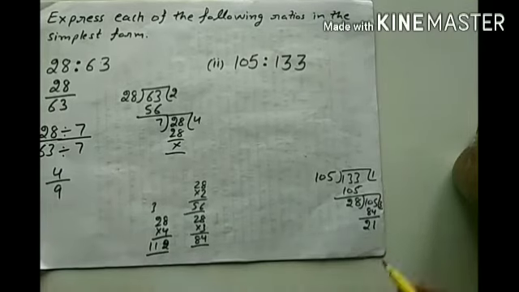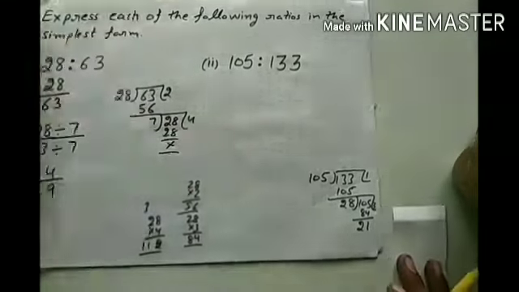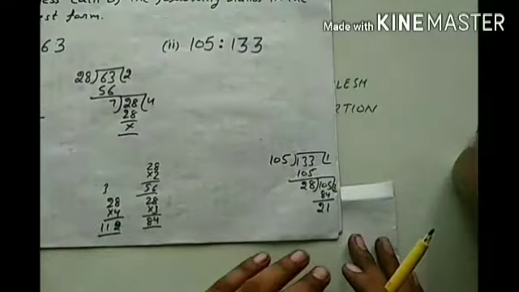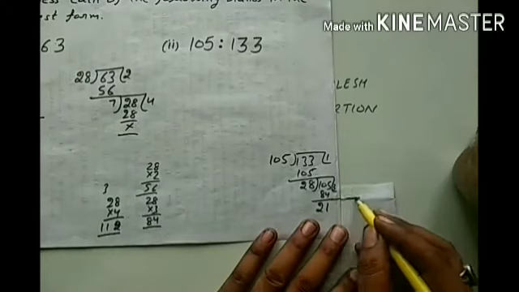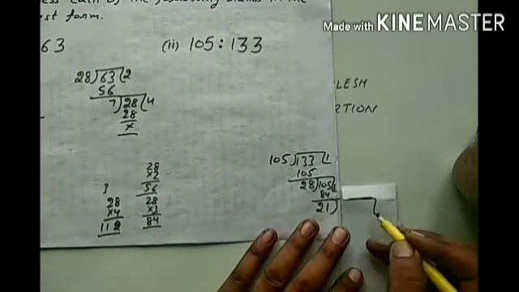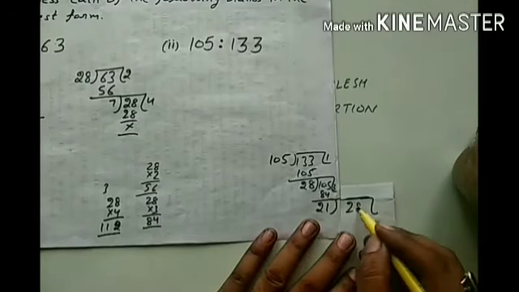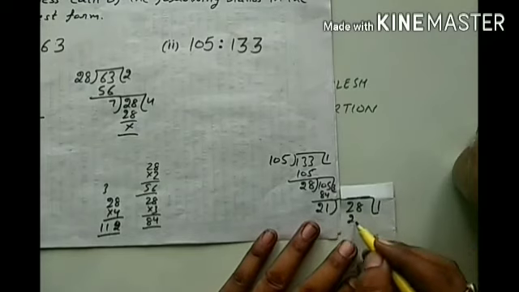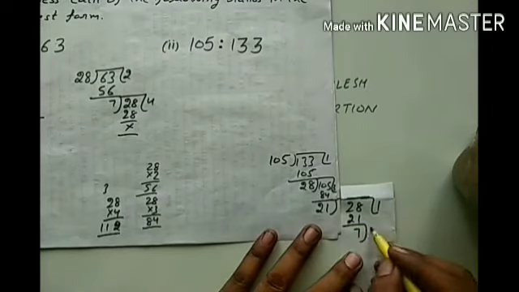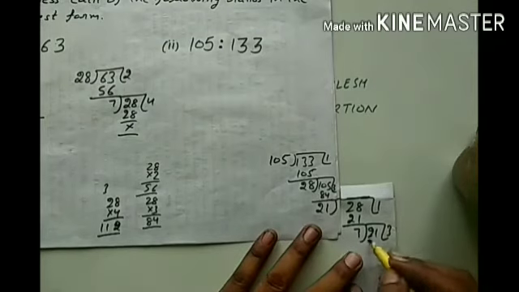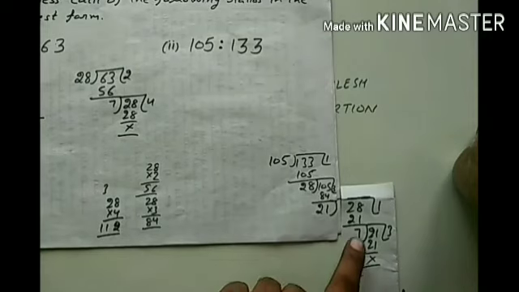Now 21 will divide 28, so 7 is there. Now I will divide this 21 with 7, so I get the remainder 0. So you can see what the HCF is there.